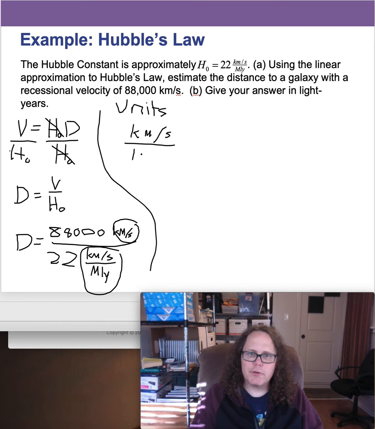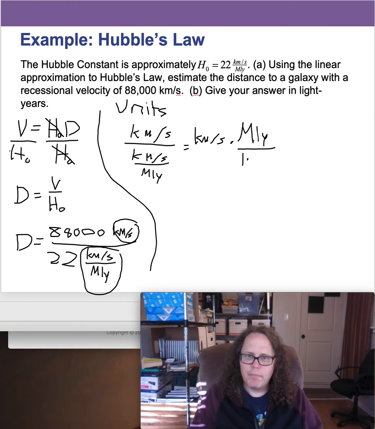So kilometers per second divided by kilometers per second per mega light year equals kilometers per second times mega light year per kilometers per second.